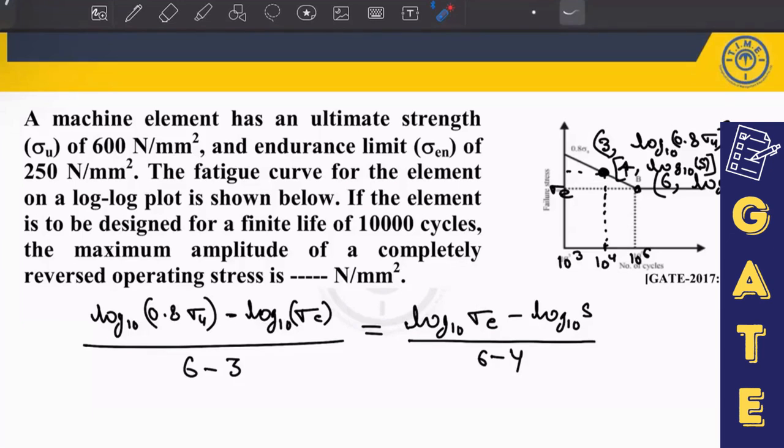Yes, very good. So once you solve, the strength value you will get is 386.2. Okay, so the unit is Newton per millimeter square, meaning megapascal.